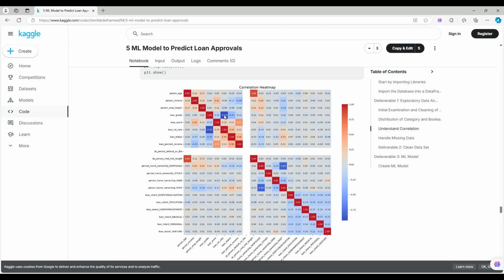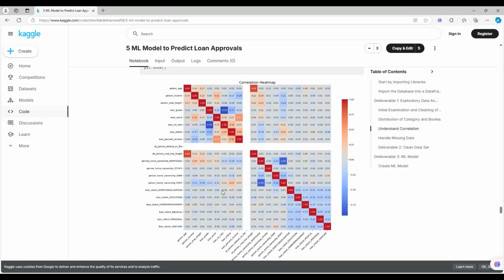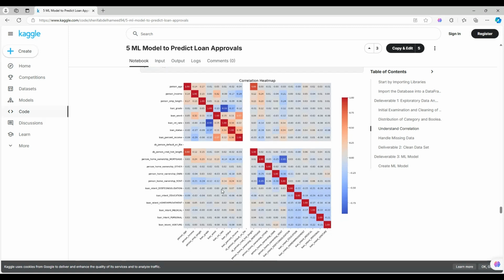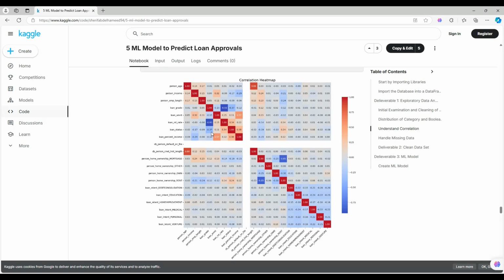As we highlighted, loan grade is very highly correlated to loan interest rate. So we'll have to address that if we are going to perform any statistical work, which we will see how we can do. And then we have negative 0.85 for home ownership mortgage and rent.